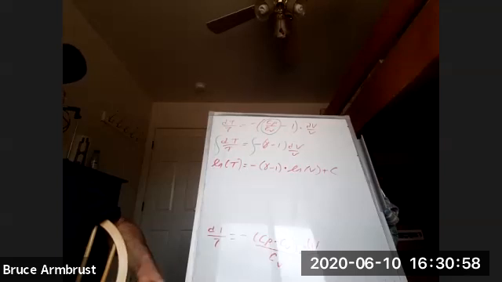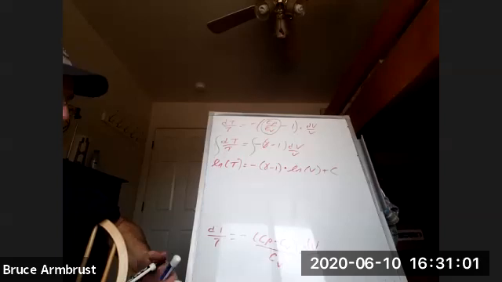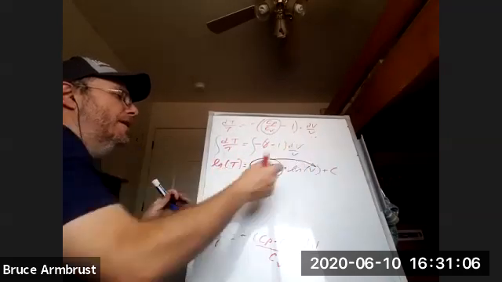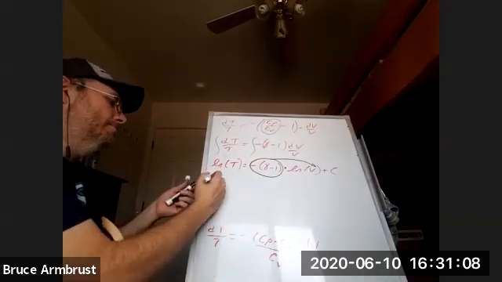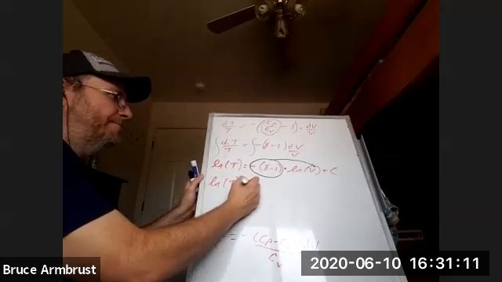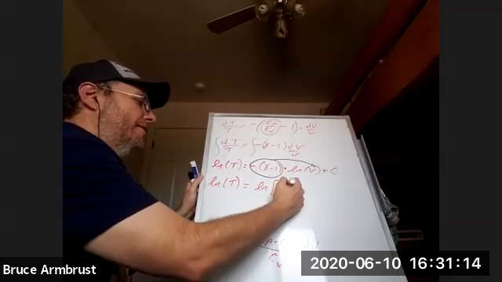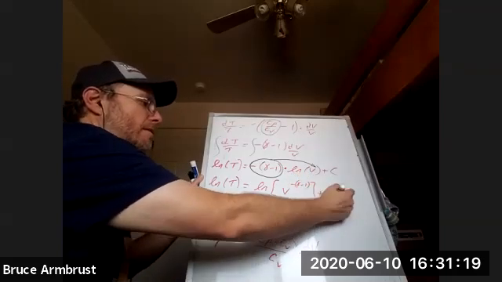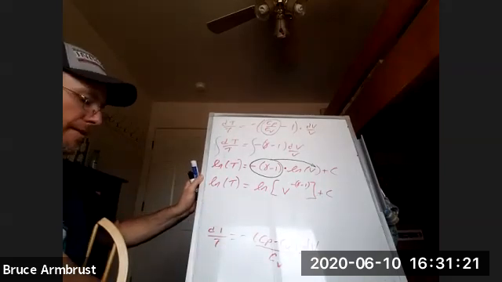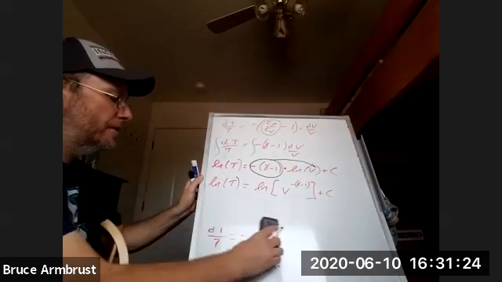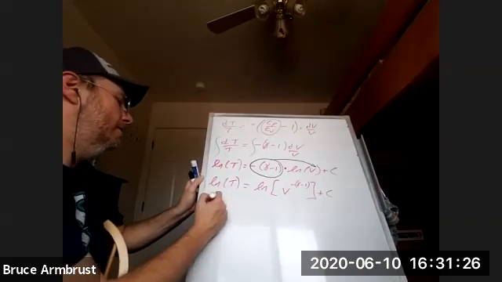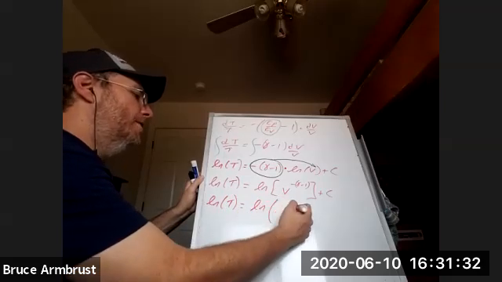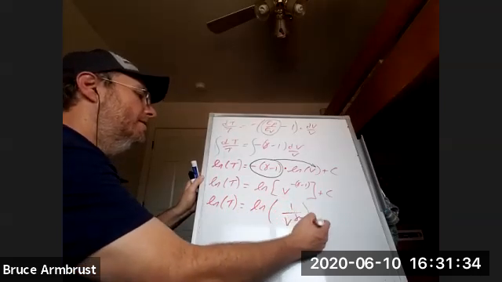So really what I want to do is get rid of those natural logs. I'm going to use some rules of logs. Let's take this and bring it in as an exponent. So we get the natural log of T is equal to the natural log of V raised to the negative gamma minus 1. Since that's a negative power, I'm going to drop it to the bottom. So this is the natural log of 1 over V to the gamma minus 1.